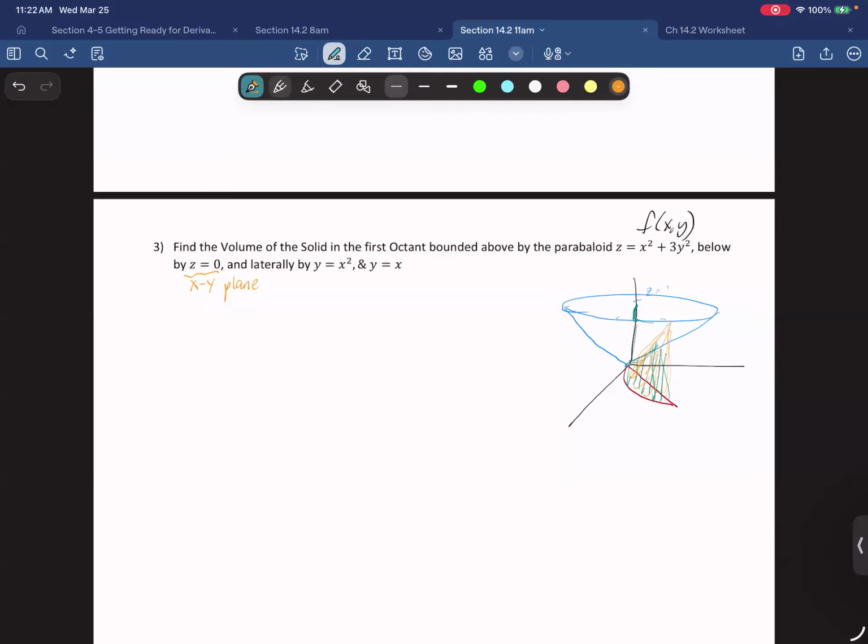If we graph that region in the xy plane, because that's what we're doing here, we get the same shape we had last time. In fact, it's identical to the last problem. Y equals x and y equals x squared. Same boundary conditions as problem 2.